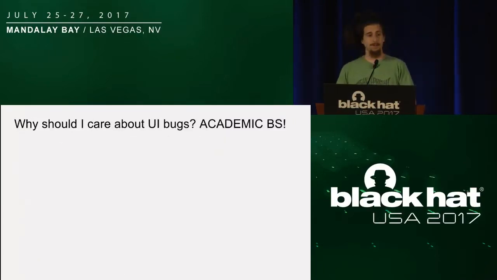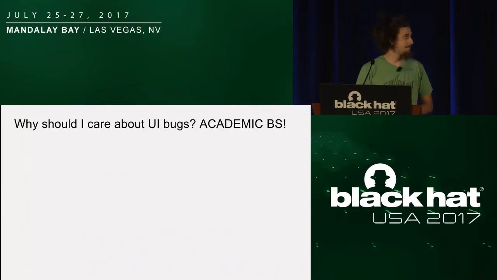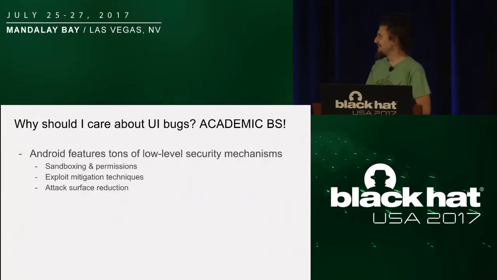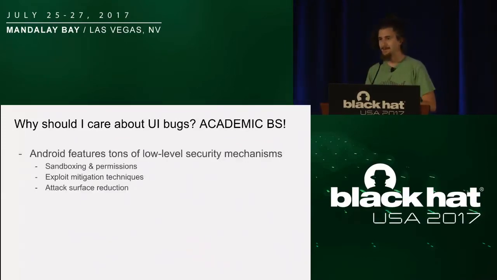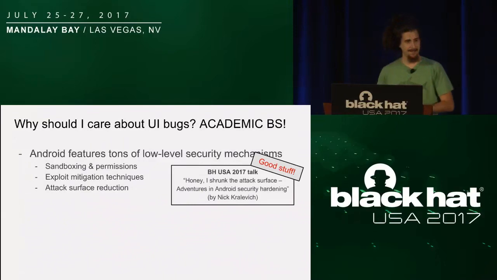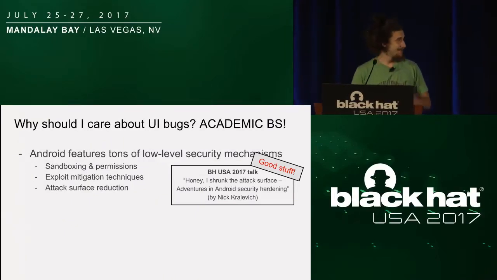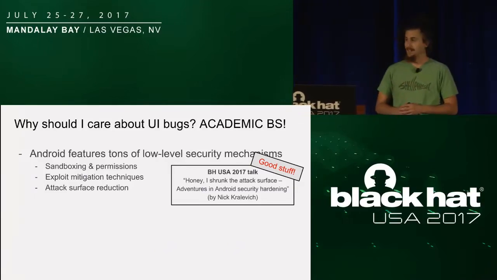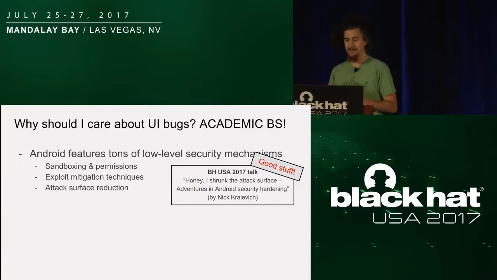So, first of all, why should we care about UI security? I come from an academic background, so some of you may say, come on, what is this stuff? Hear me out here. Android features a number of low-level security mechanisms, sandboxing, and even Nick Kralevich today, who I'm pleased to see here, gave a fantastic talk on reducing the attack surface. And this is amazing stuff, and it is actually making a difference.